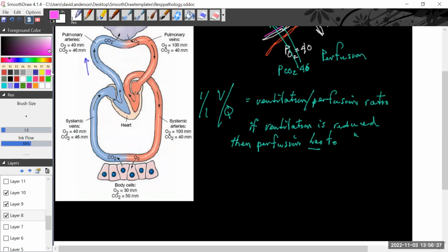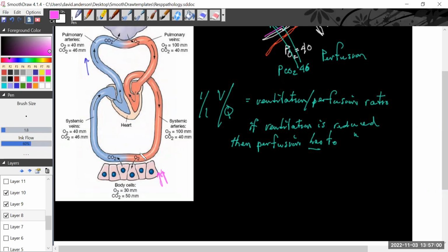If these cells down here were not getting adequate blood flow, they would send chemical messengers from their cells to stimulate vasodilation, for example, to increase the flow to that particular group of tissues. That's what we normally see with autoregulation.